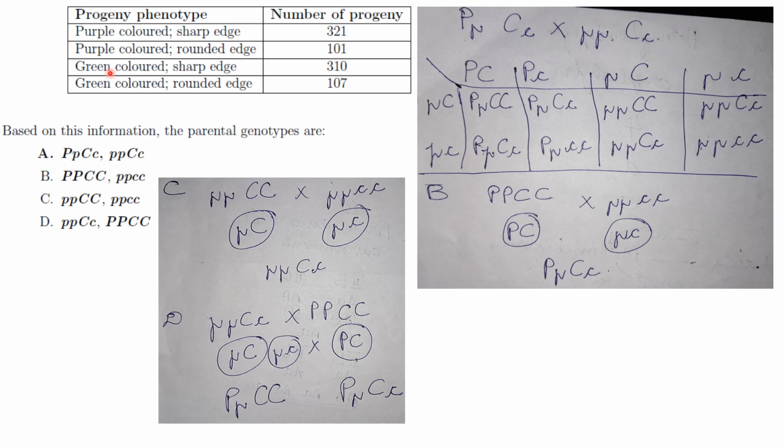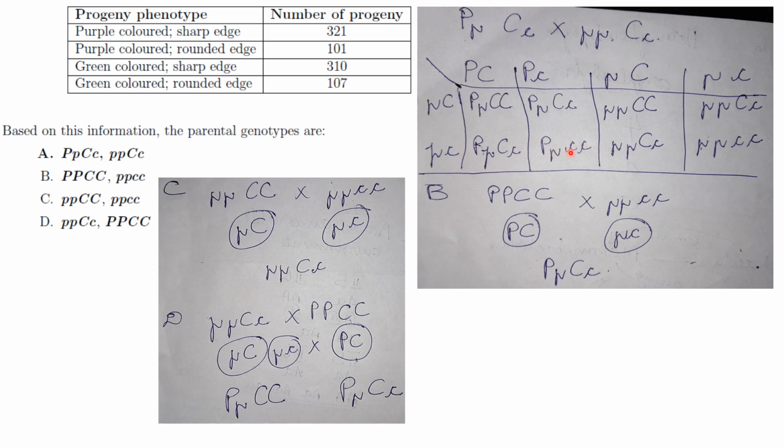Now cross each parent and see if you can get all these offsprings. So these two upon crossing, these are the gametes. You will get some as purple colored with sharp edge. Yes, you have that offspring here. Then purple colored with round edge.